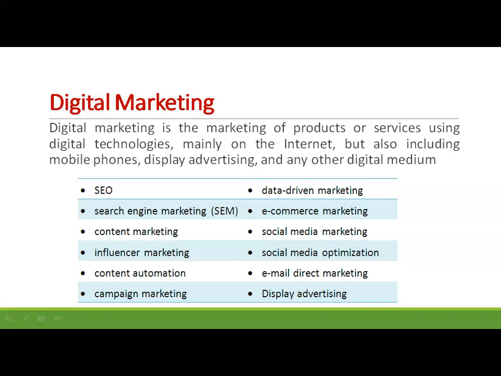As digital platforms become increasingly incorporated into marketing plans and everyday life, and as people increasingly use digital devices instead of visiting physical shops, digital marketing campaigns have become prevalent, employing combinations of SEO, that is search engine optimization, then SEM, that is search engine marketing, then content marketing, influencer marketing, then various concepts like data-driven marketing, campaign marketing, e-commerce marketing, social media optimization, email direct marketing, display advertising, then ebooks and optimal discs and games have become commonplace.